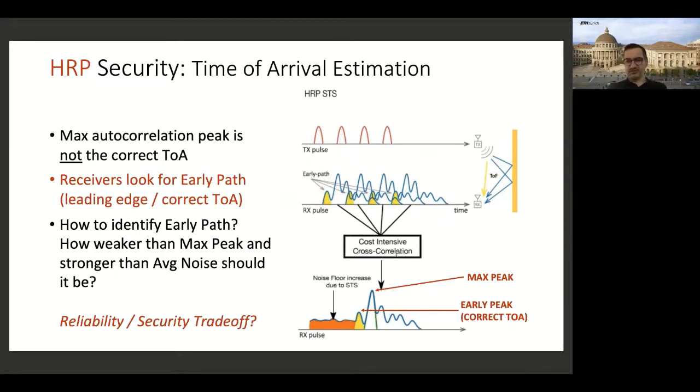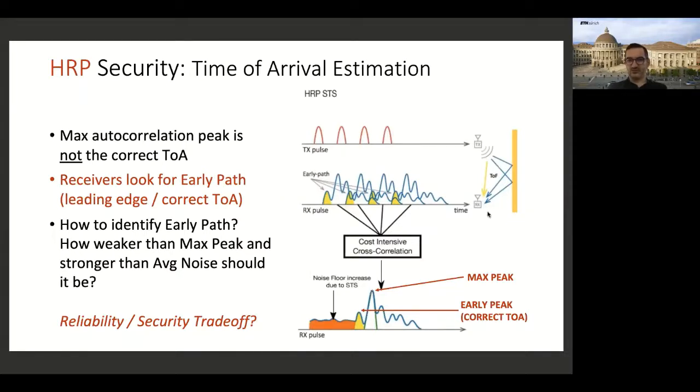And when you do your autocorrelation, in the end, you will obtain something that looks like this, right? You will have a maximum autocorrelation peak somewhere here, but this strongest autocorrelation peak will not be the true time of arrival. It will not correspond to the earliest path.